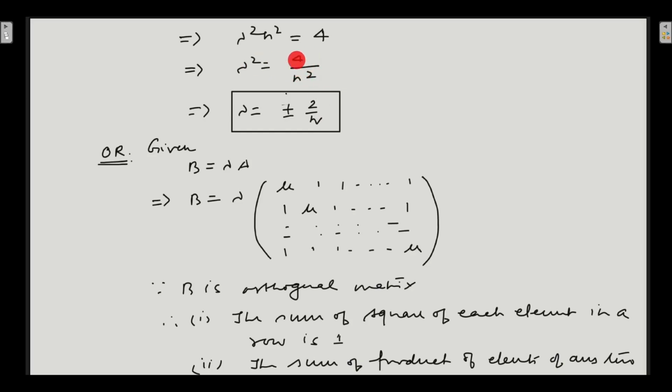You take square root on both sides: 4 becomes 2, n square becomes n, and the plus minus sign will appear over here. So this is the value of lambda which you get.